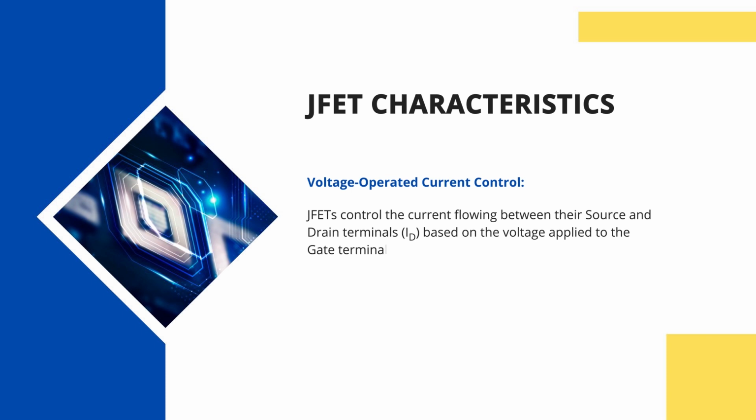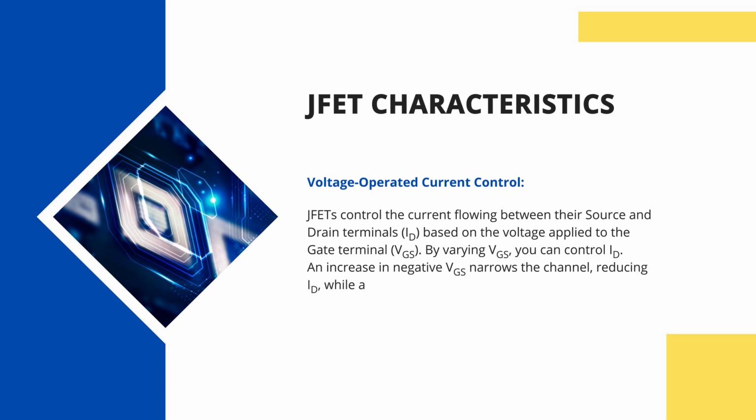So, in a voltage operated device, JFETs control the current flowing between their source and drain terminals. The drain terminal current is known as ID, or the drain current. This is affected by the voltage applied at the gate terminal. As I have told you, gate terminal voltage is written as VGS.